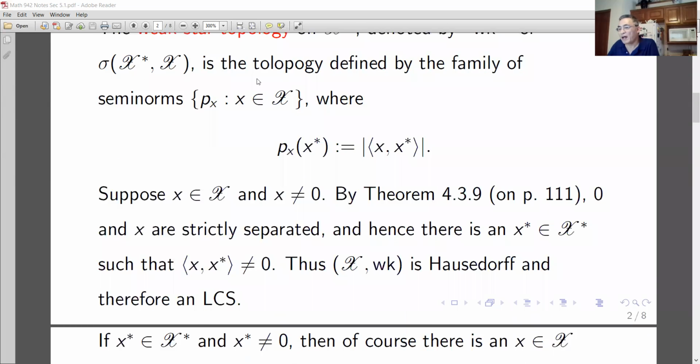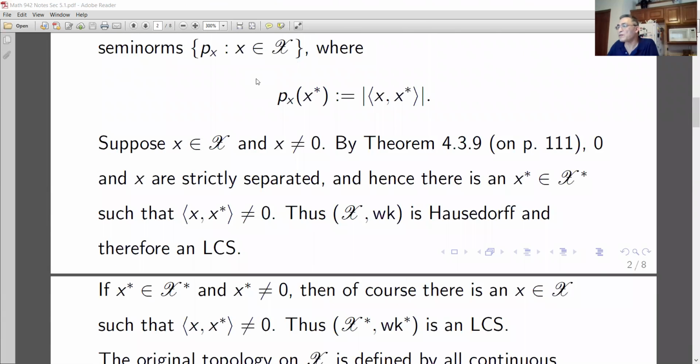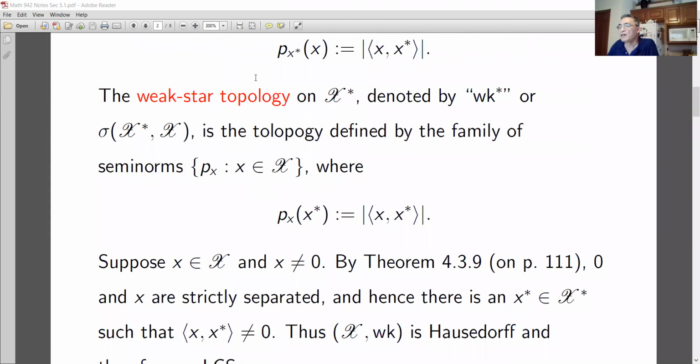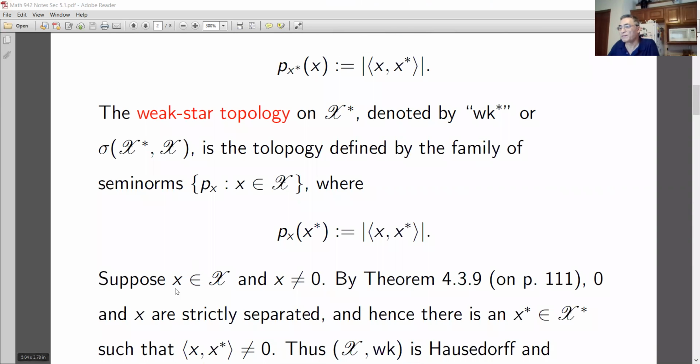Now we are going to see why the weak topology is Hausdorff. Suppose x is a point in X, and x is non-zero.